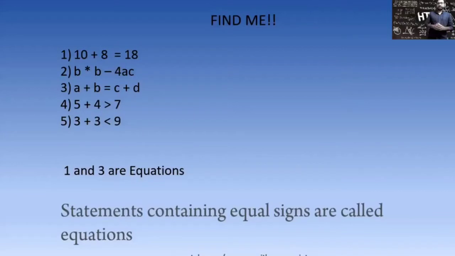You have to keep this in mind in order to find which mathematical statements are equations. Once you are thorough with an equation's definition, when you are shown a mathematical statement, you can easily identify whether it is an equation or not. So let us see.